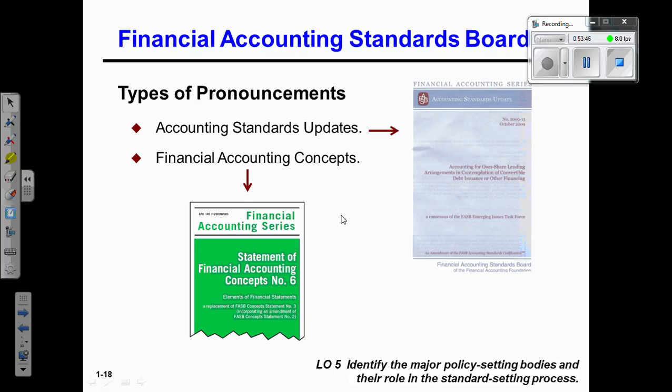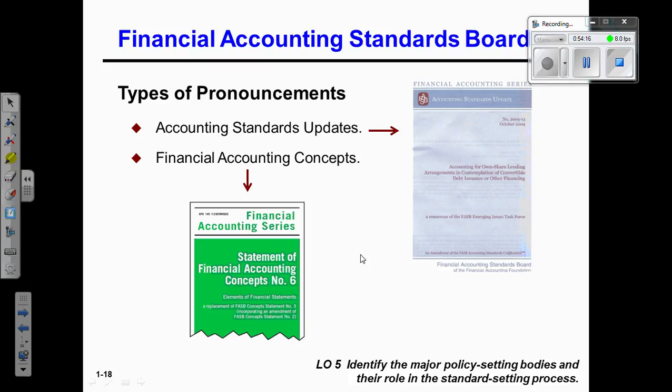So the idea is to come up with a conceptual framework whereby when we come up with new pronouncements, we follow this. This has been a really problematic area. Did you get that idea? It's really tough to write a theory of accounting after you're already doing the accounting. Right? You're trying to write a theory for accounting. Okay? Well, you know, it's just what we do, kind of. But it's based on economics, so maybe you could. So, yeah, there's the financial accounting concepts, and then there are updates, right? They're coming out from the FASB, right?